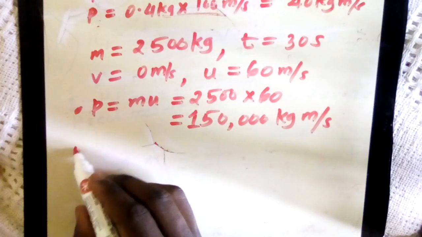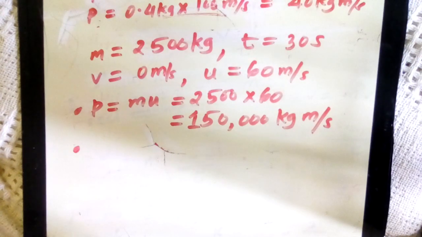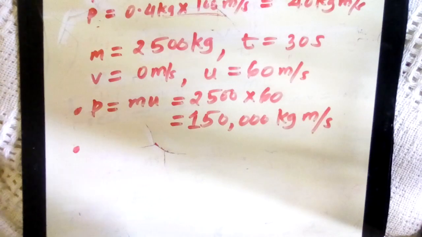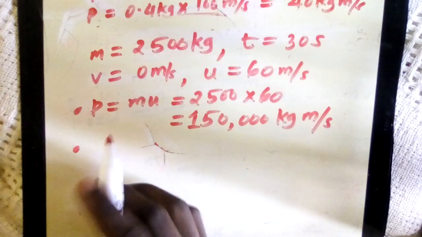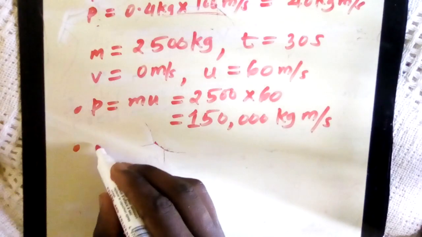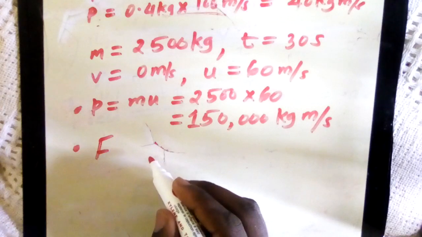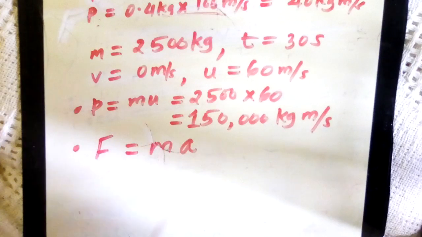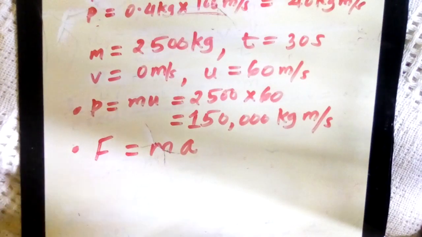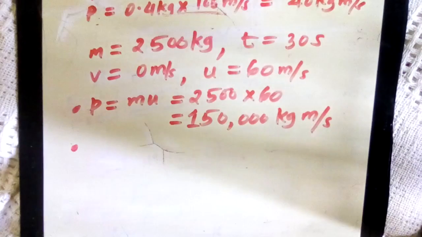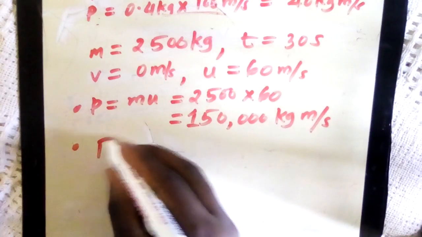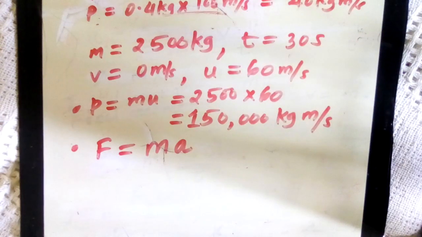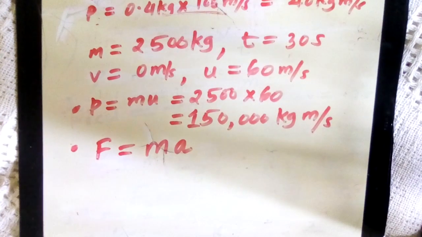So in the second part, we need to find the force which caused this body to retard. The force which caused this body to retard is given by the formula which we have just derived right now: the rate of change of the product of mass and velocity, which is the product of mass and acceleration.